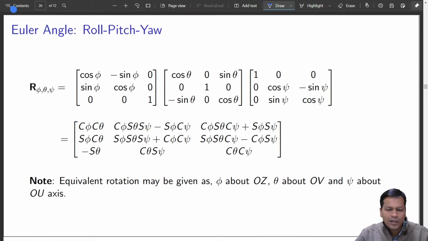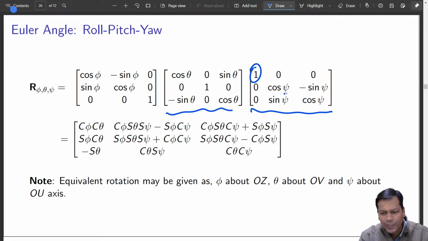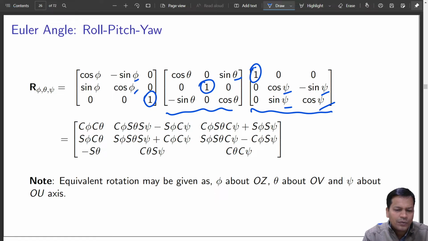Finally, you multiply three matrices: this is rotation about x by this angle with cos and minus sin, this is rotation about y by an angle theta, this is rotation about z by angle phi. So three consecutive rotations given by this is the RPY rotation.